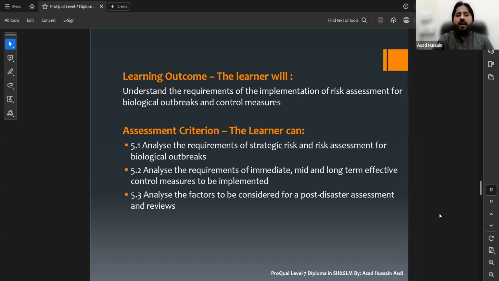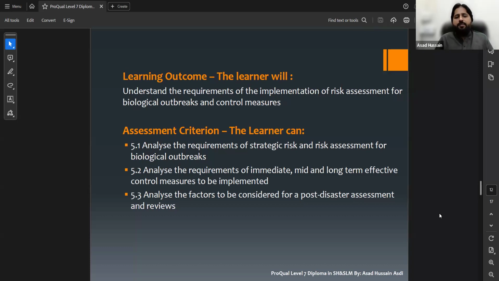We have three assessment criteria for this purpose.